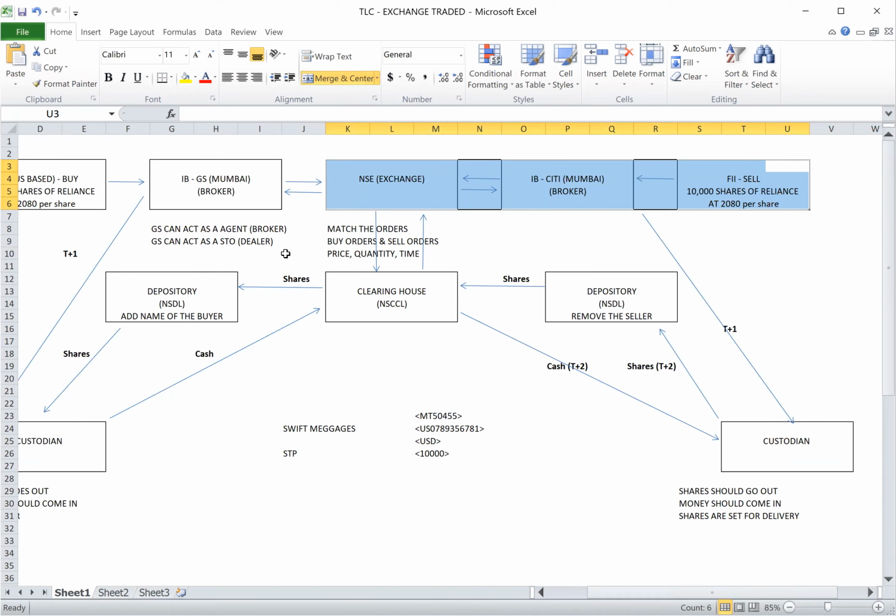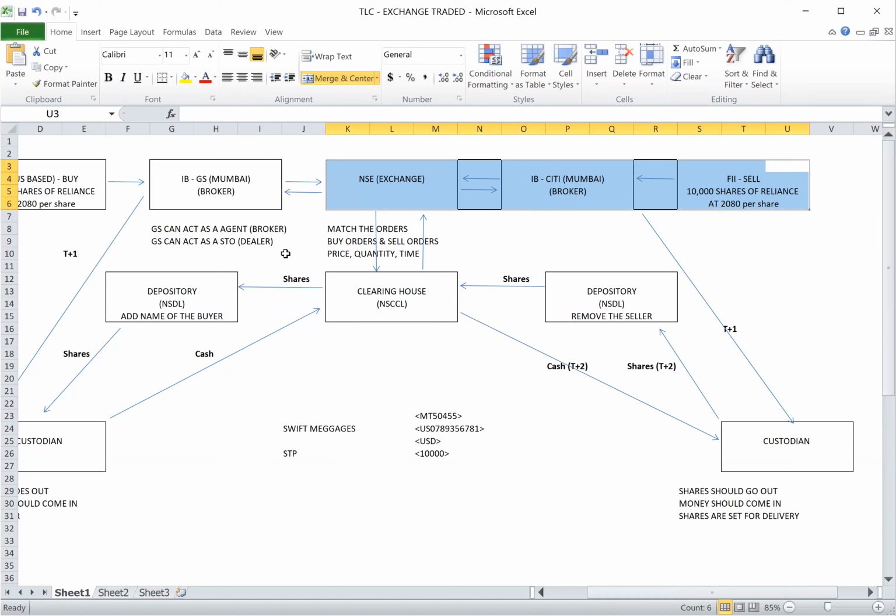Similarly, there will be another FII which wants to sell the shares of Reliance. Maybe they have bought it earlier. So for every buyer, there is a seller, right? Somebody must be selling the shares of Reliance. Then only somebody can buy, right? So let's assume there is an FII who wants to sell the shares of Reliance. So they also reach out to an investment bank.